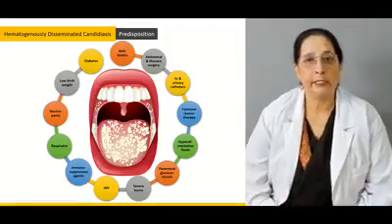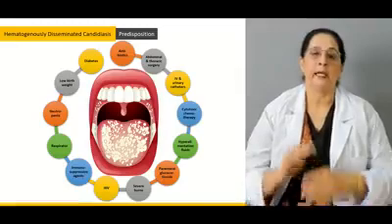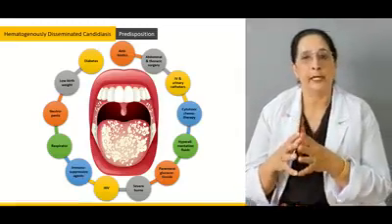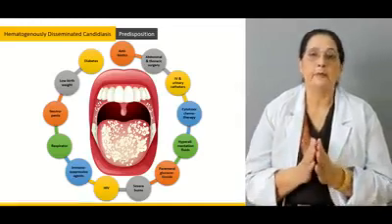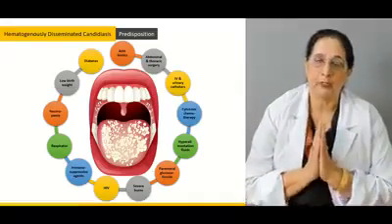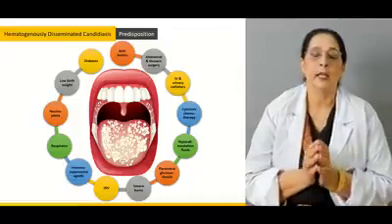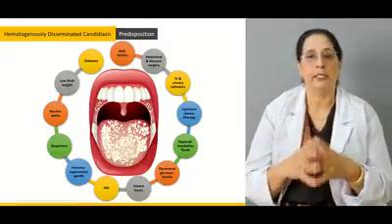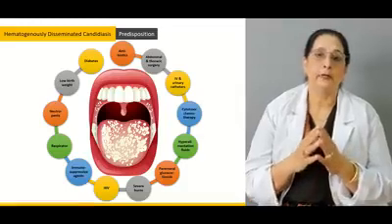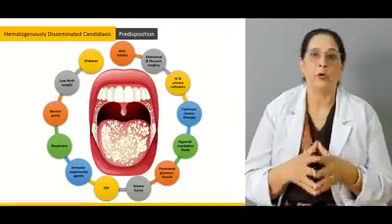So all these conditions are very common that predispose to candidiasis, and Candida albicans is the most common species that causes candidiasis, and the main reason behind all these conditions is the decrease in the immune response.